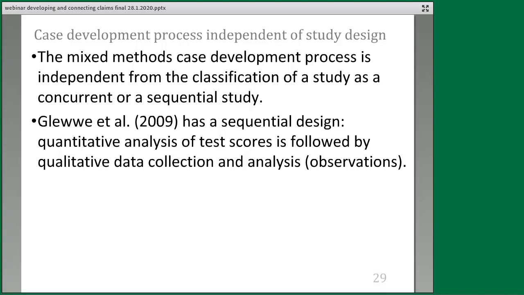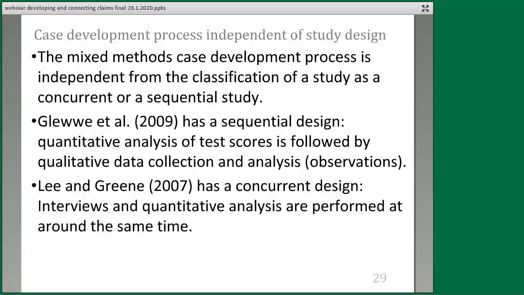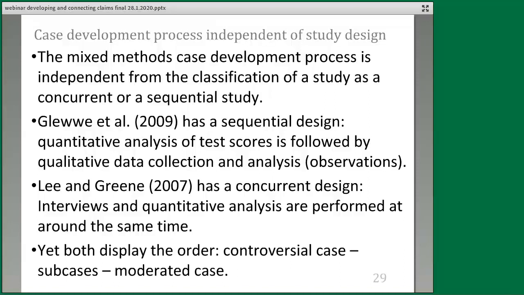Then they started the qualitative data collection. Whereas the Lee and Green study had a concurrent design because the interviews and quantitative analysis were performed more or less at the same time, and the qualitative interviews were not based on what they found in the quantitative data, or vice versa. So that, I think, is interesting.